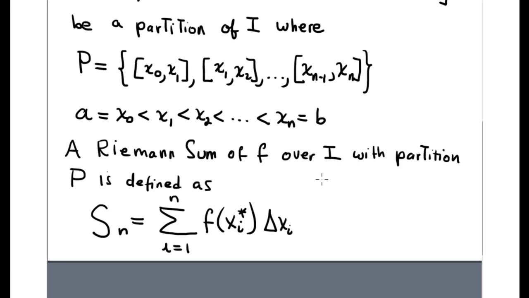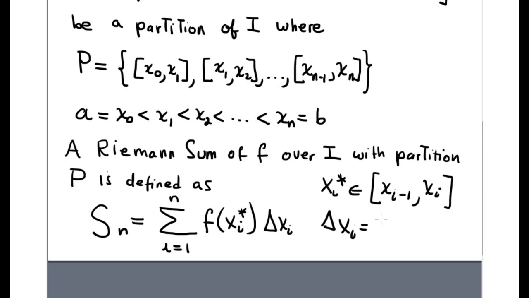Who is x sub i star? It is a number inside any subinterval of the partition, arbitrary. And delta x sub i is the subtraction x sub i minus x sub i minus 1.